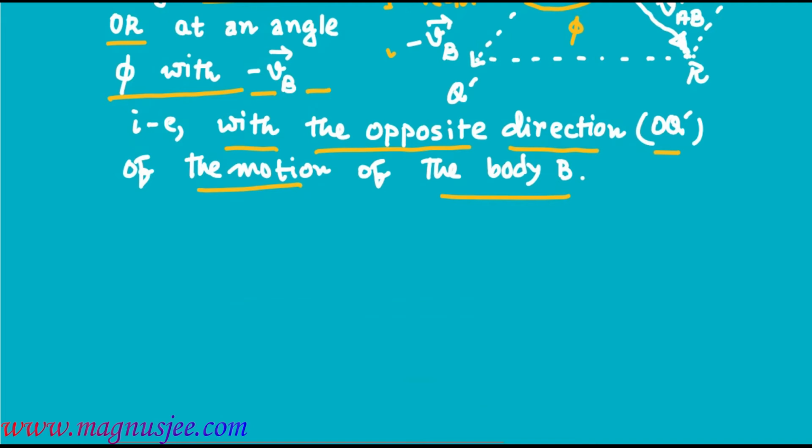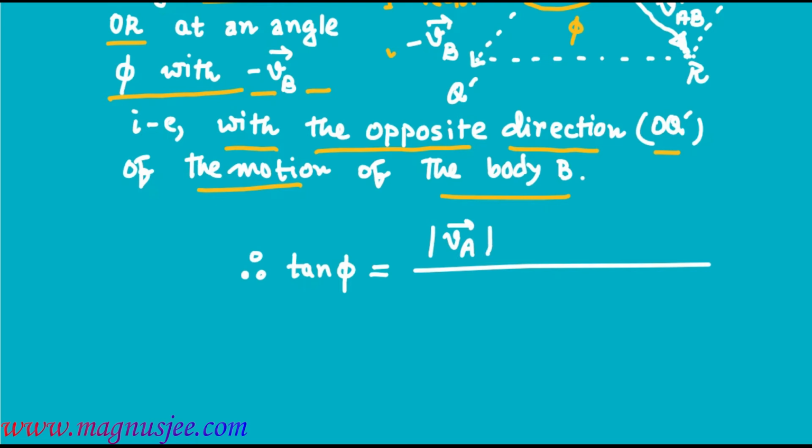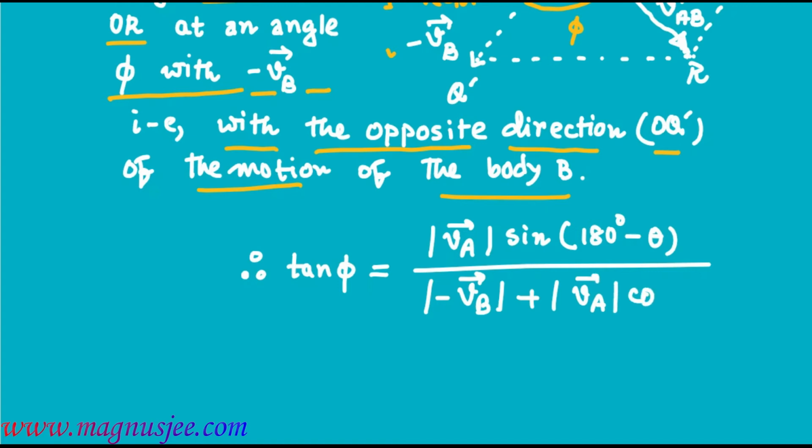Therefore tan phi is equal to mod vector VA, the magnitude of the second vector, sine of the angle between the two vectors, that is VA sin 180 degree minus theta, divided by minus mod vector VB, the magnitude of the first vector, plus mod vector VA cos 180 degree minus theta.